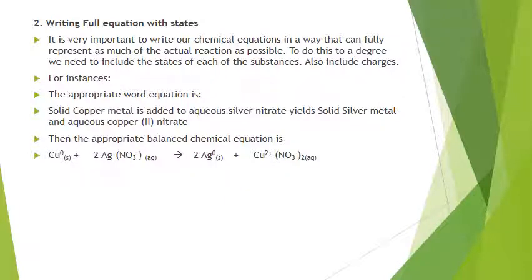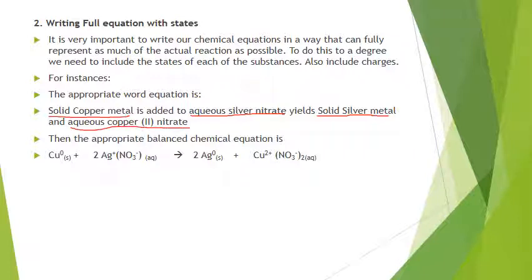Next, after you determine the reaction takes place, you write the equation, starting with the word equation, and make sure you have all the states. In the example with copper, I got sloppy in the first video and just said copper plus silver nitrate. But you say solid copper metal is added to aqueous silver nitrate, yielding solid silver metal and aqueous copper 2 nitrate.